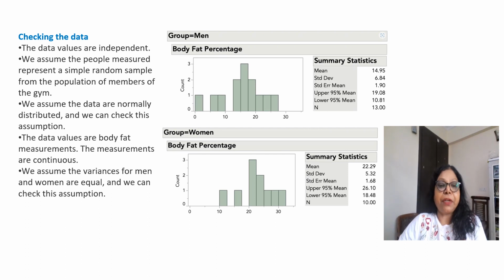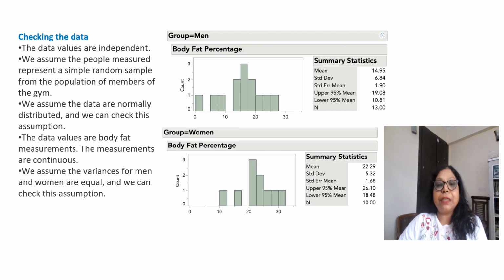So here we can see the histogram and the summary statistics for the men and women. We can see over here that the mean is 14.95 for men, the standard deviation is 6.84, the standard error of the mean is 1.90, the upper 95% limit is 19.08, the lower 95% limit is 10 point something, and the total number of samples we have taken is 13.